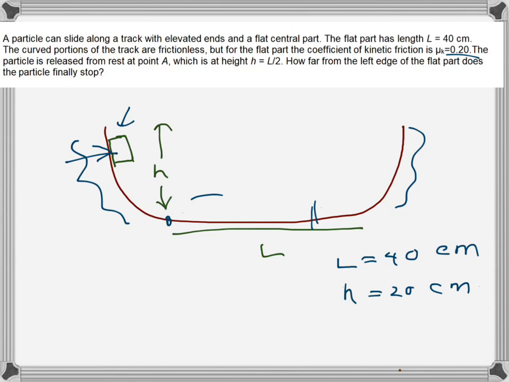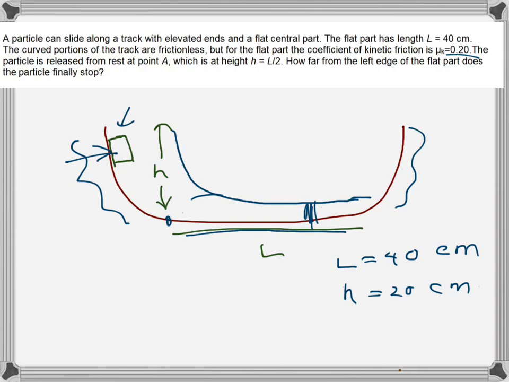What can happen in this particular scenario when the object comes down? Because this length is not much, we do not know yet, but once we do the problem, one possibility is that it won't stop here at the first attempt. It will come down, go there, and still have some velocity.